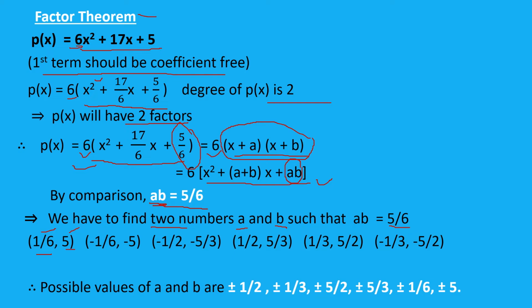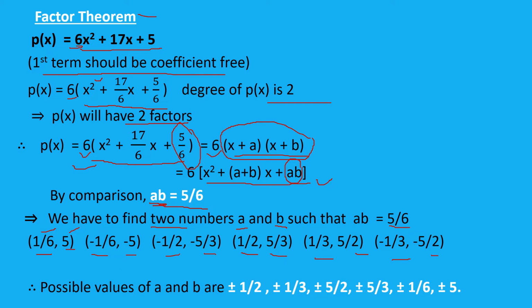The second possible value is a = -1/6 and b = -5. If we multiply, we get 5/6. The third case is -1/2 and -5/3. Next case is 1/2 and 5/3. Another possible value is 1/3 and 5/2. And another possible value is -1/3 and -5/2.